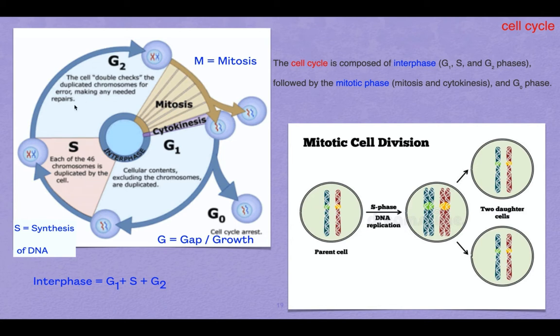In G2, the cell double checks the duplicated chromosomes for error and makes repairs if necessary. M phase contains the mitosis and cytokinesis.